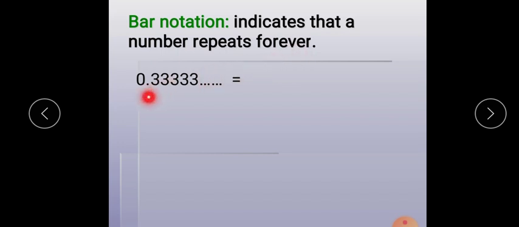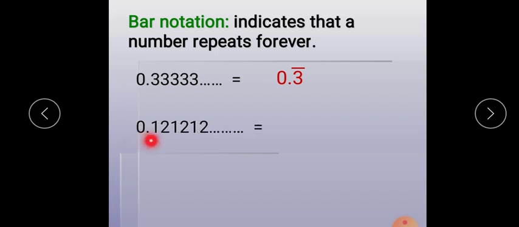Let us see one example. 0.33333 is written as 0.3 bar. This line over the number 3 is called the bar. It means the number 3 will go on repeating. So 0.3 bar means 0.333 and so on.